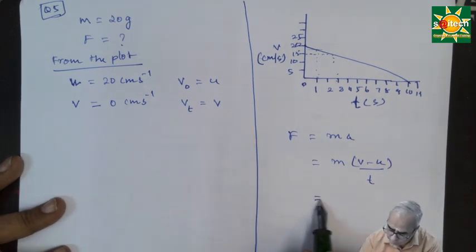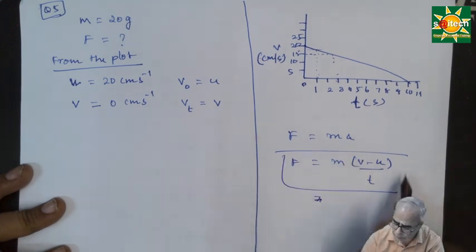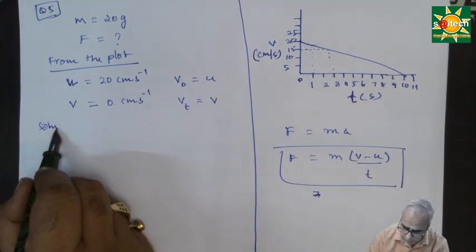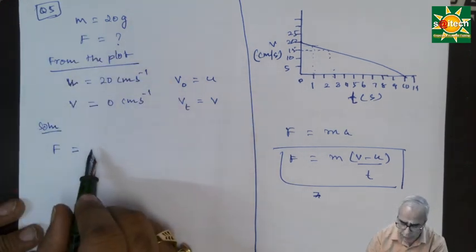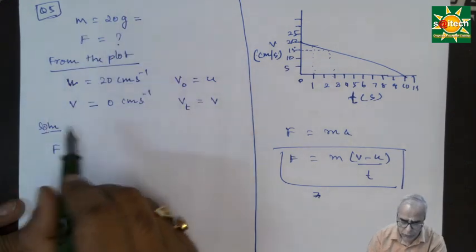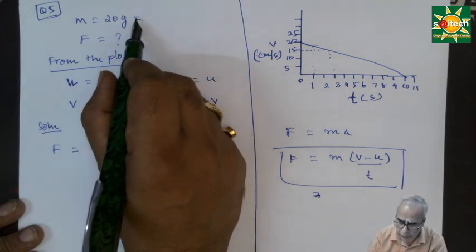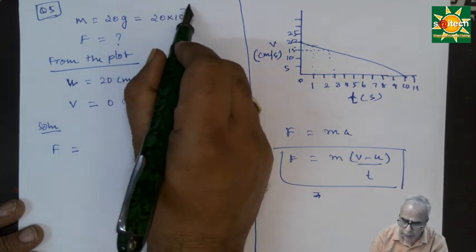Now we can substitute into this formula. m is 20 gram, so this should be converted into kg: 20 gram means 20 into 10 power minus 3 kg.